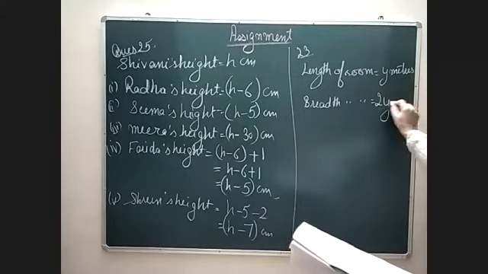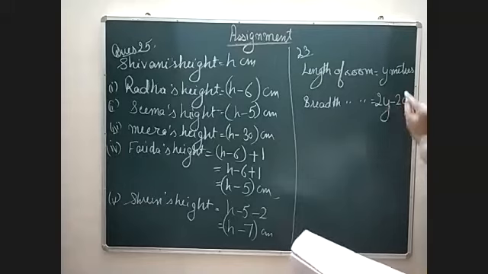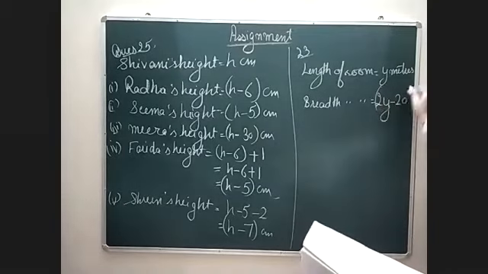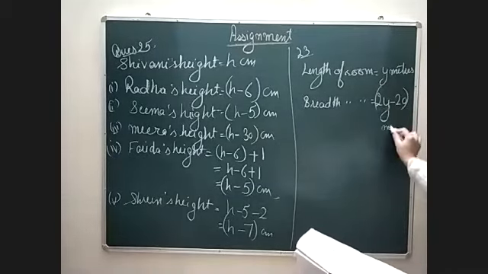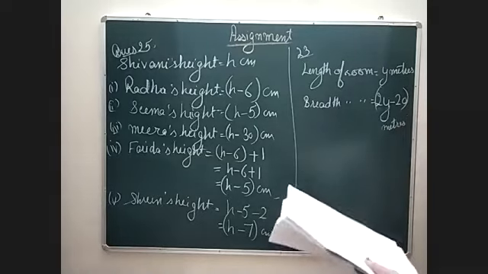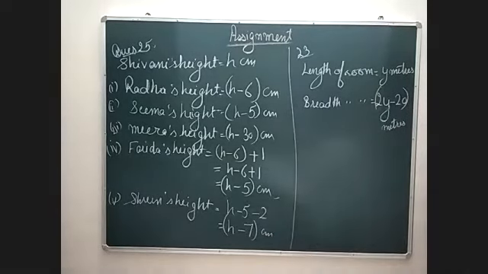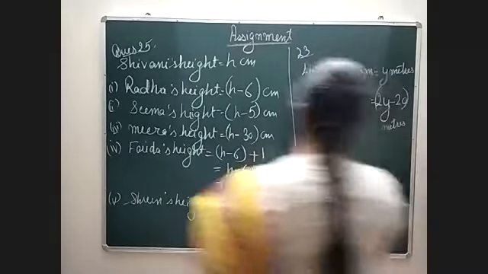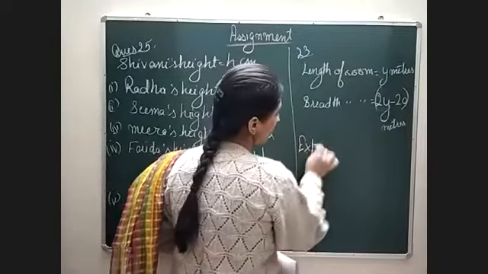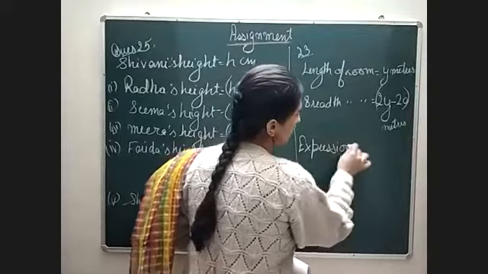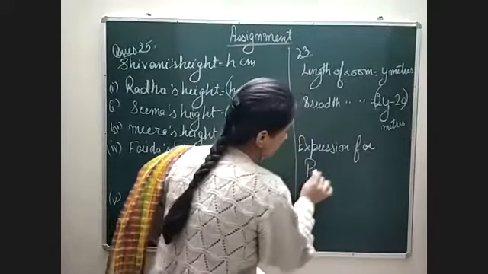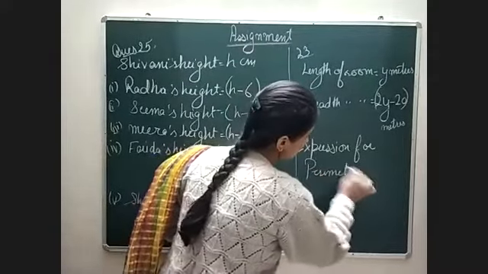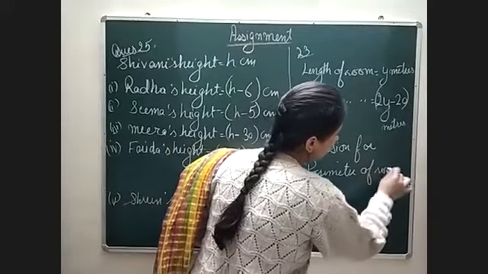Twice the length, and we have to subtract 20 out of it. Okay, if you are using units, you will write in brackets. So we have to write an expression for the perimeter of the room.